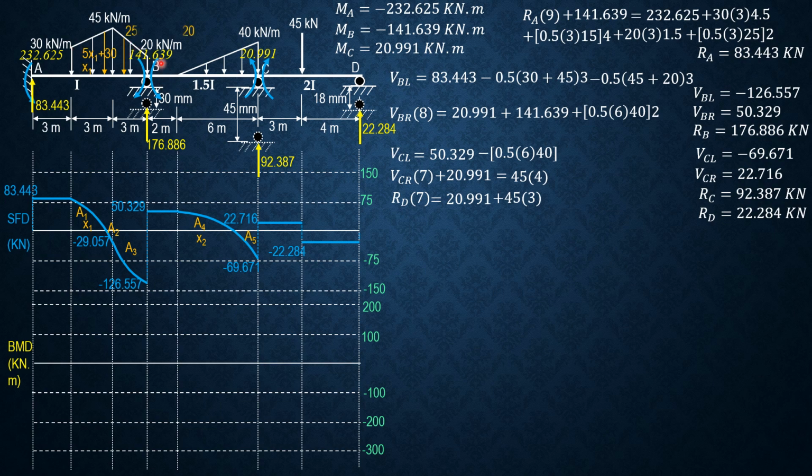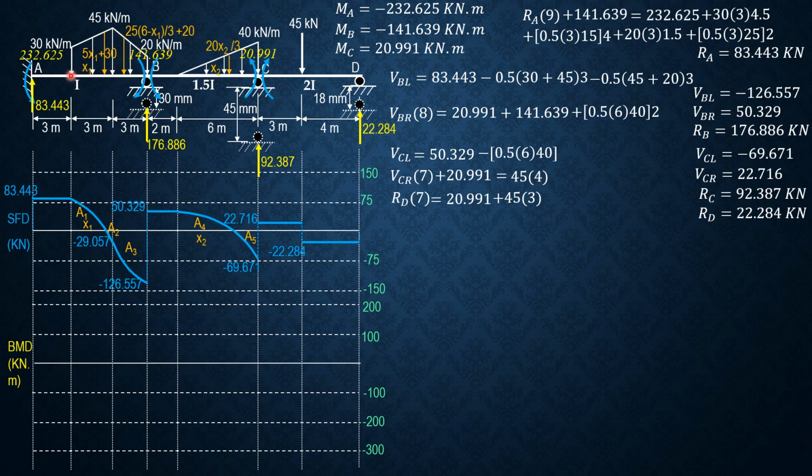And therefore, if this is x sub 1, this is 6 minus x sub 1. So therefore, intensity of the load as to quantity 6 minus x1 equals 25 as to 3. So therefore, this is 25 over 3 quantity 6 minus x1 plus 20. So you just apply similar triangles.